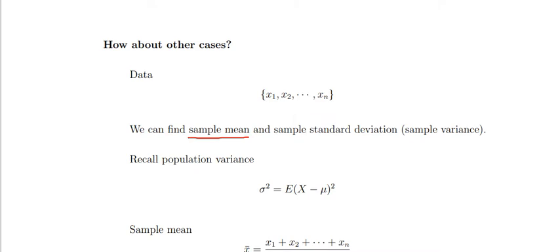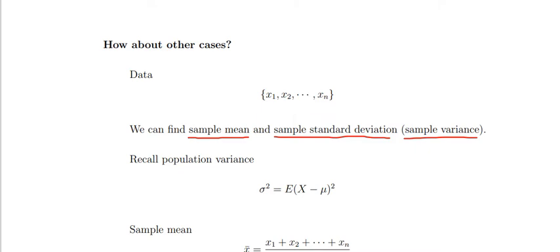And we also have the sample standard deviation or sample variance. For the population, we have the population mean, population standard deviation, and population variance. And from the sample, from data, we also have sample mean, sample variance, and sample standard deviation.